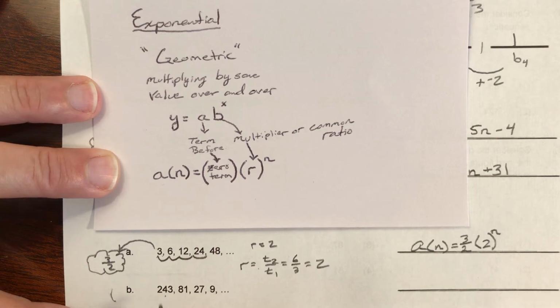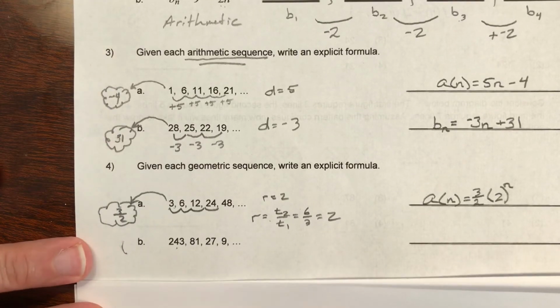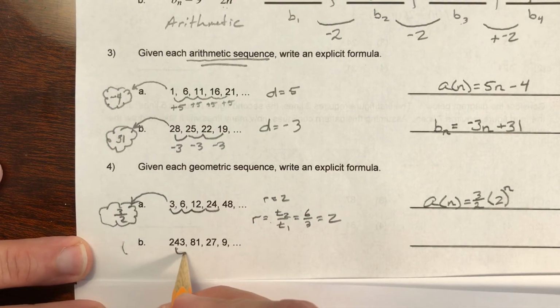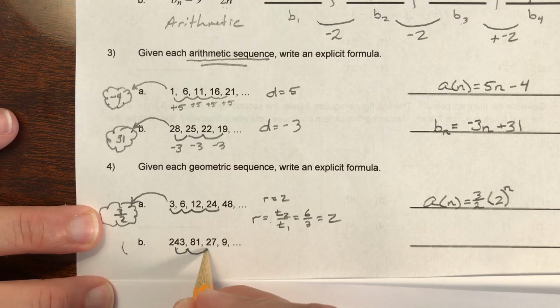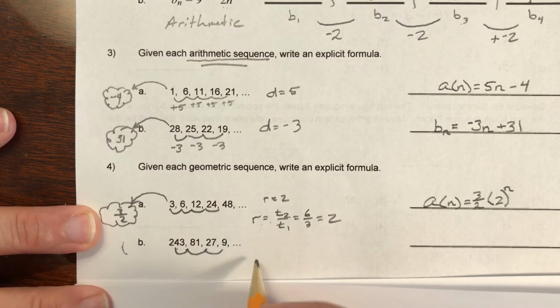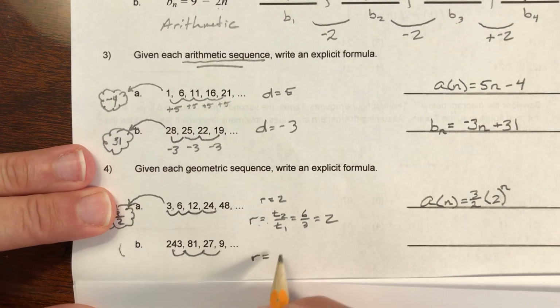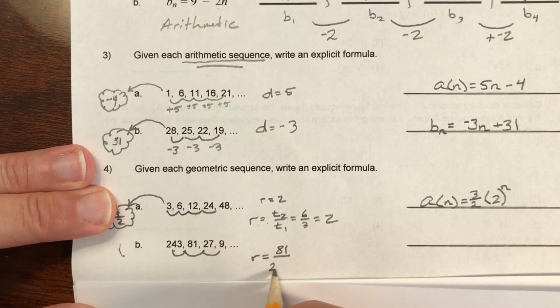All right, this question is a little tougher. Let's get rid of that graphic. To see the multiplier, I'm not sure what I'm multiplying to make this happen. So I'm going to use this little trick up here. I'm going to take the second term, which is 81, and divide it by the first term, which is 243.